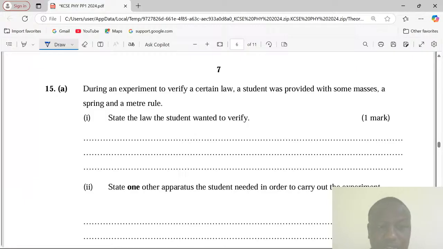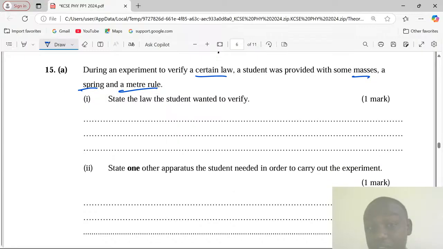We proceed with number 15. The question says, during an experiment to verify a certain law, a student was provided with some masses, a spring, a meter rule. State the law the student wanted to verify.